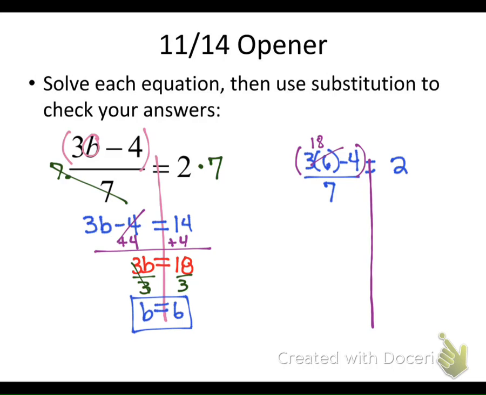What's 18 minus 4? 14. So then we have 14 over 7 equals 2. So then what do I do now? You divided 14 over 7. And what do you get? 2. So do I have 2 on both sides of my equation? Yeah. So what do I do next to b equals 6? Check mark. Check it. Good.